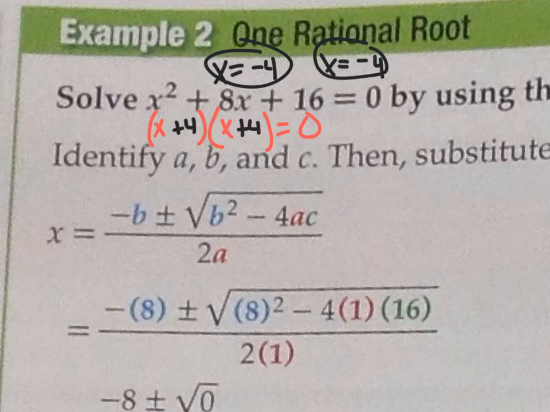Okay? So if I were to think about the graph of this quadratic trinomial, this function, if I were to get a graphing calculator and type in y equals x squared plus 8x plus 16, and hit graph, what would my answer be? My answer is going to be -4. What does that mean visually on a graph?